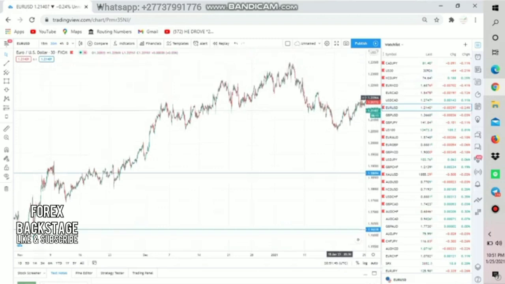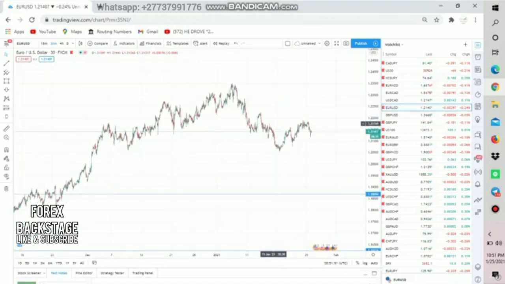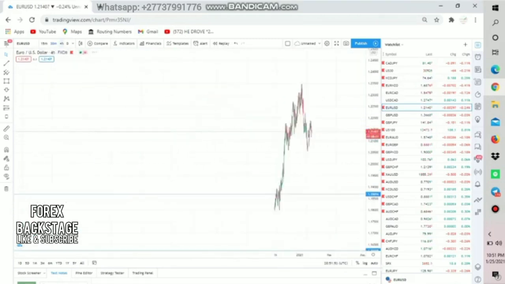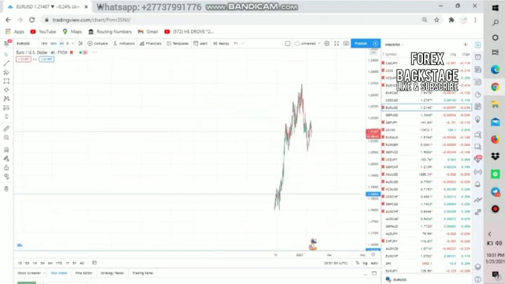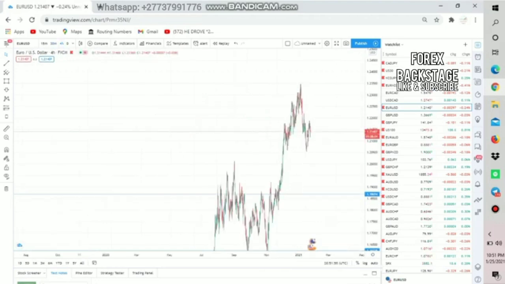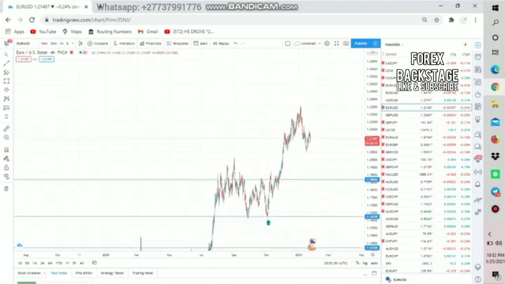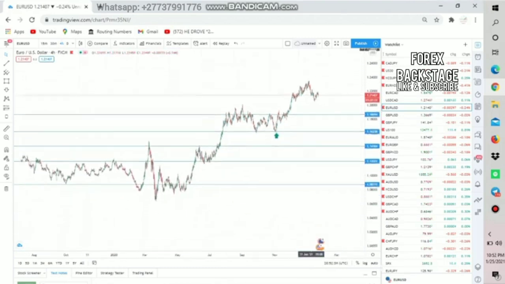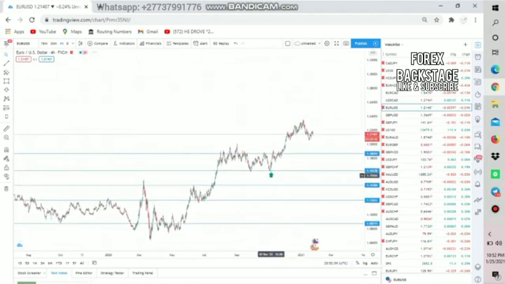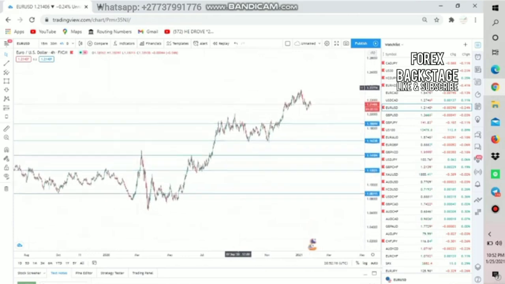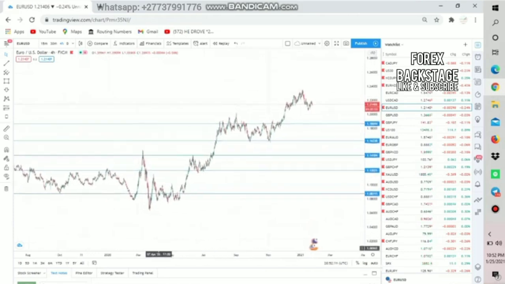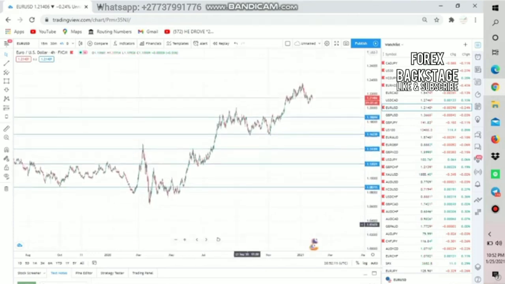The first thing that you need to do, guys, is to look at the 4-hour time frame. As you can see, never mind these other drawings, I drew them when the market was still in that area. We're looking at the overall trend.